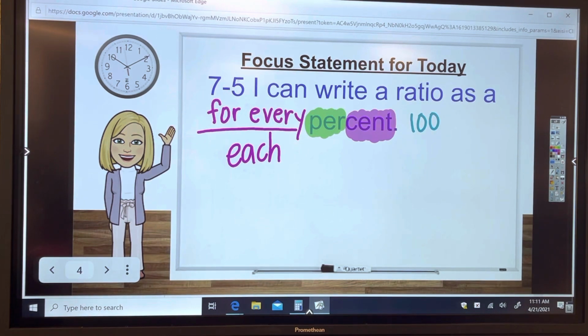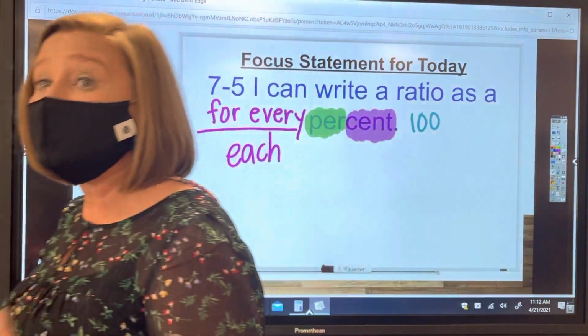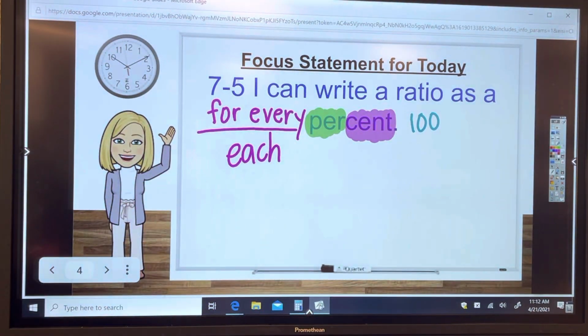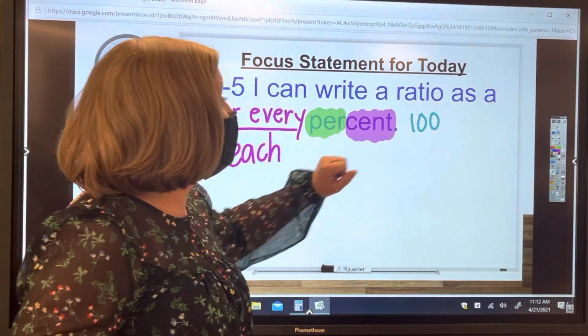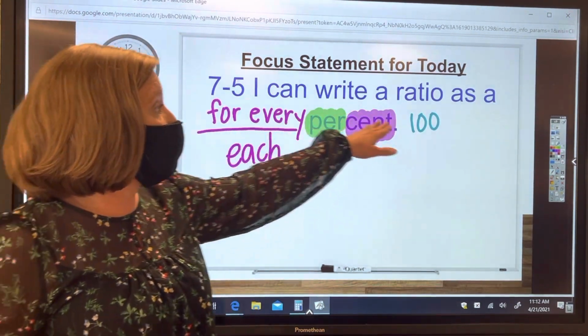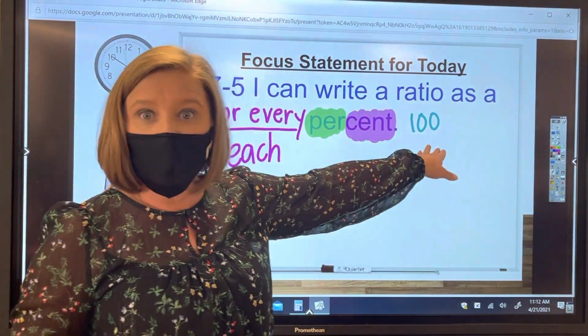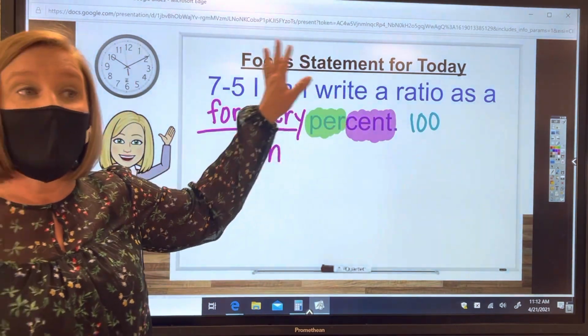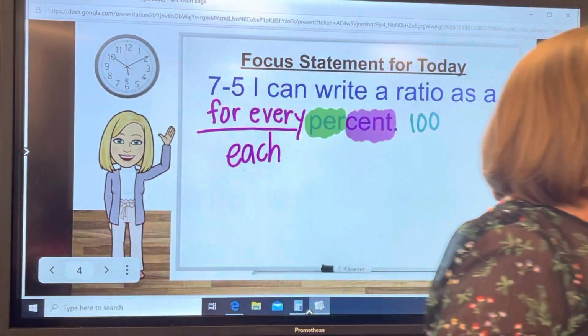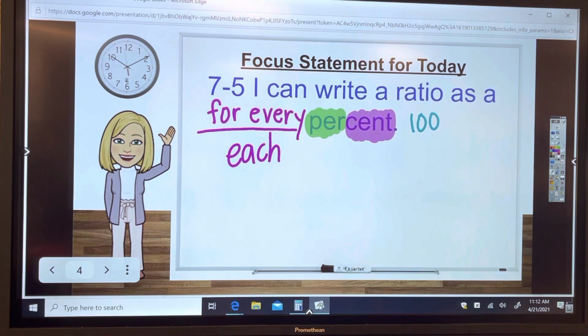How many cents are in a dollar? 100 cents. 1 penny is 1/100th of a dollar, and it takes 100 pennies to make a dollar. So cent means 100. So if we're talking about per cent, we're talking about for every 100, or each 100. That's what we're going to be talking about.